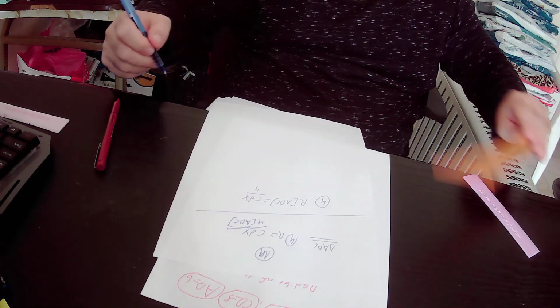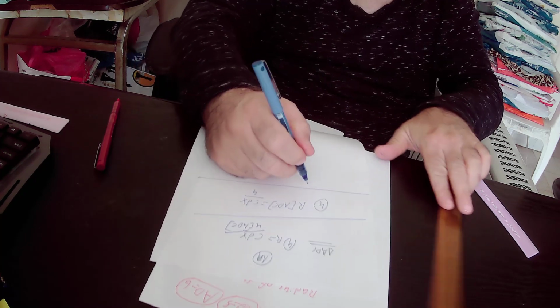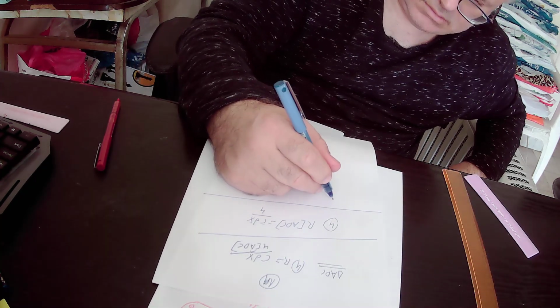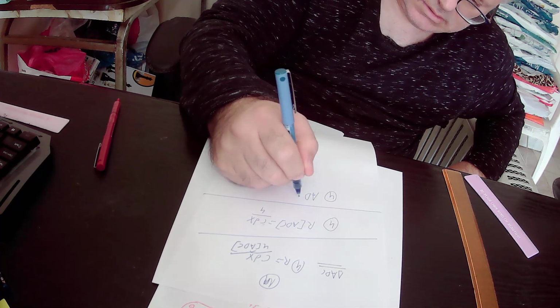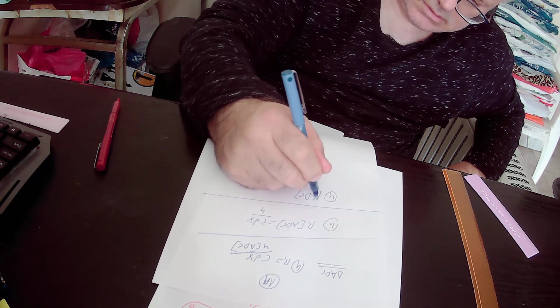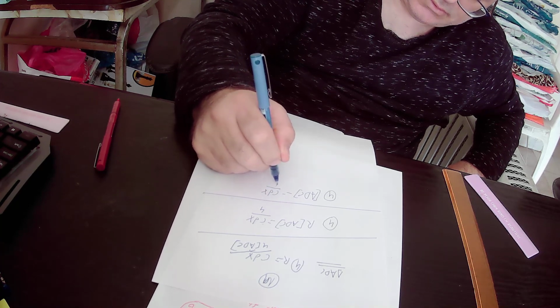Here we will divide the equation number 4 by R, and we will get that the area of triangle ADC equals CDX over 4R.